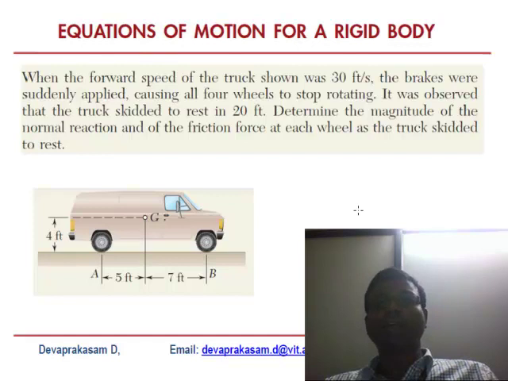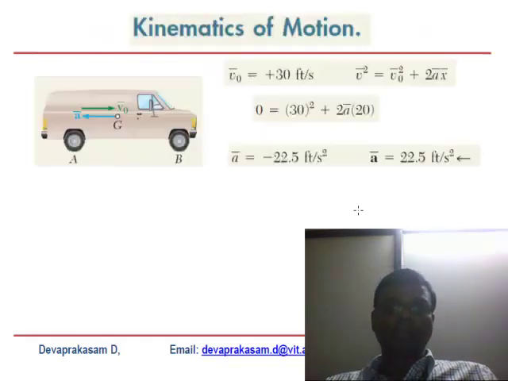That is the equation of motion you're supposed to use to find ax. We know that v naught is 30 feet per second, and v square equals u naught square plus 2ax. You know it comes to rest, so the final velocity is 0. You substitute that and find a. A is the deceleration, which is minus 22.5 feet per second square.